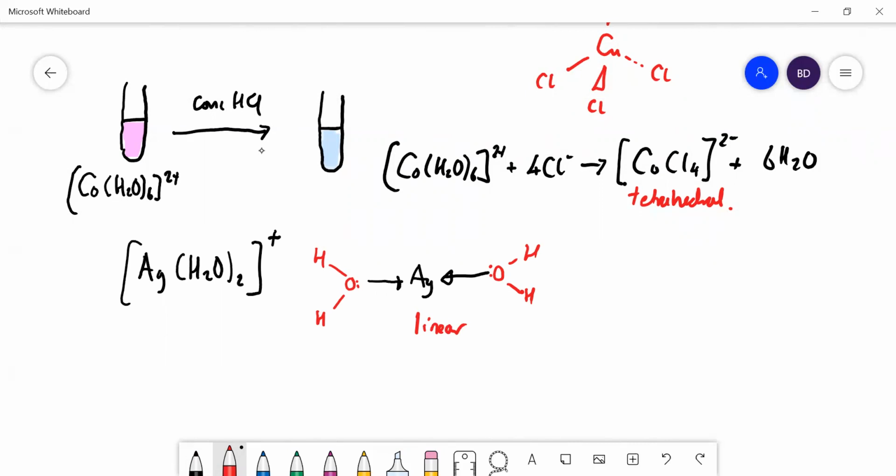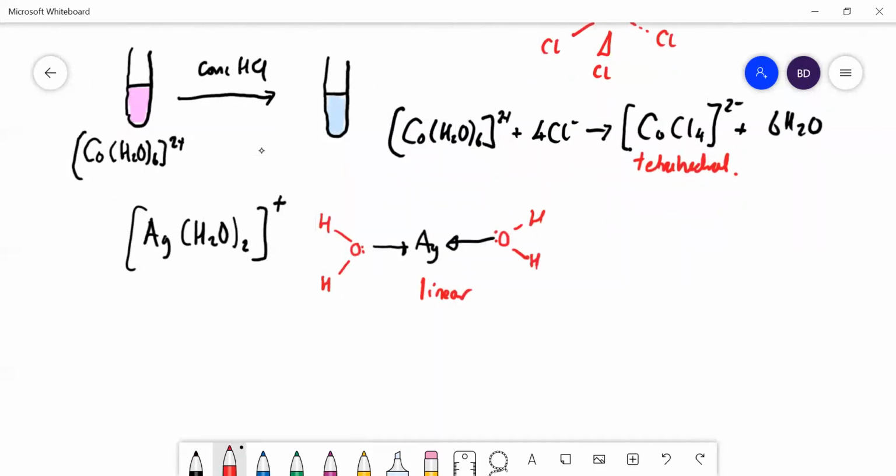And a good example of a ligand exchange with silver is we've done it when you make Tollens reagent, because you remember Tollens is usually described as ammoniacal silver nitrate.